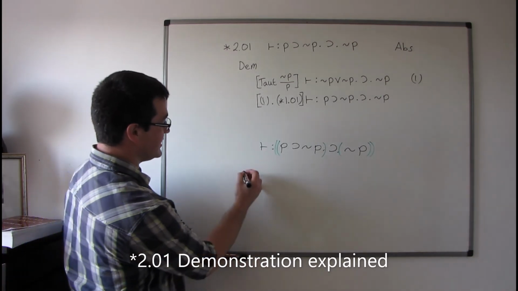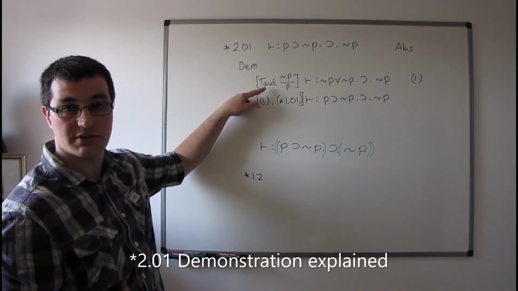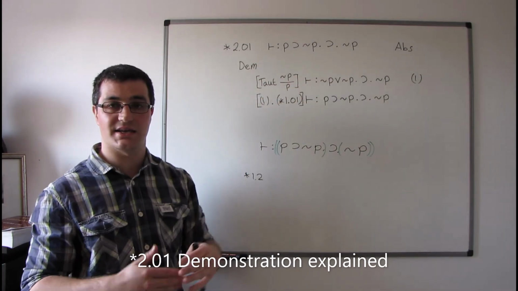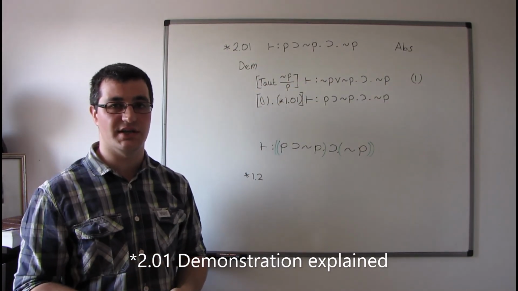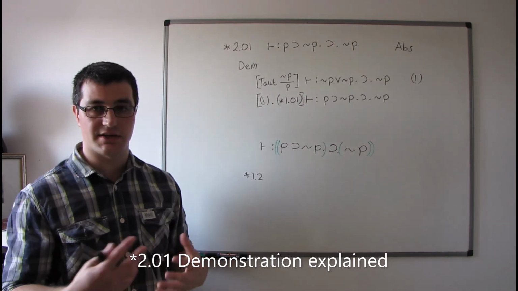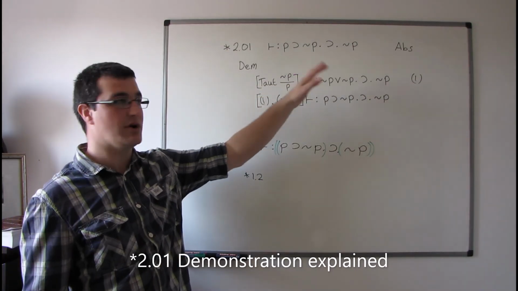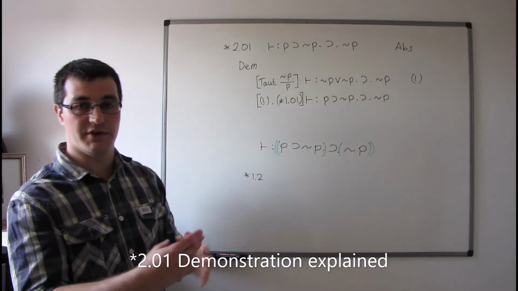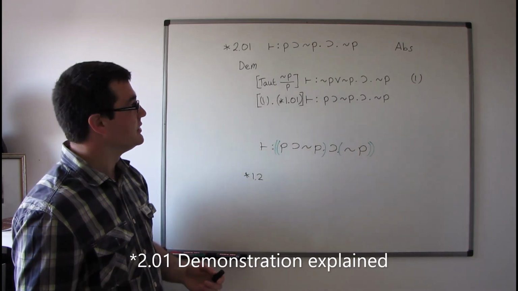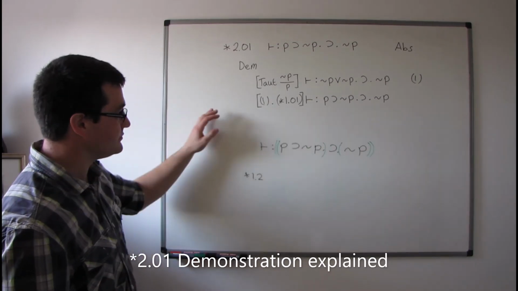I could quite easily have written star 1.2 instead of taut in here, but typically if a proposition also has a name, which usually means that it's important in some way or is going to be used quite often, then you will usually refer to its name rather than its number. Although further down the line we will see that there are certain propositions that don't have names, and we refer to them by their number within Principia Mathematica.